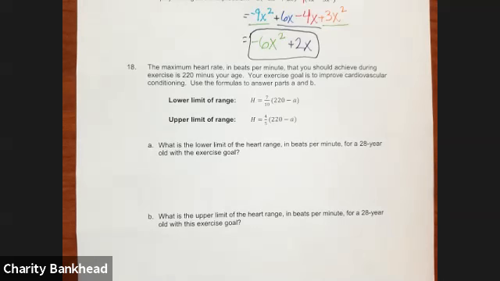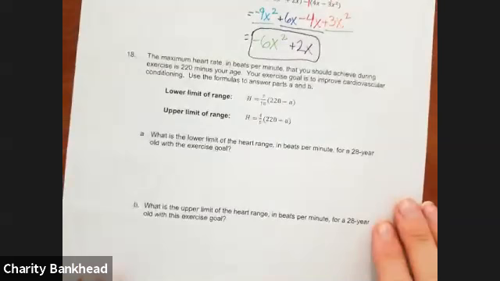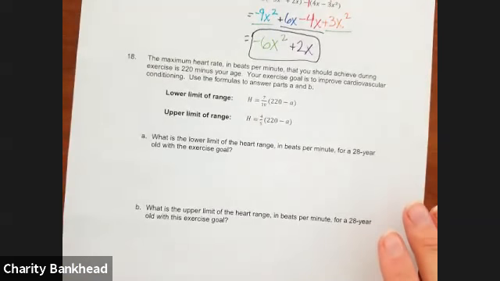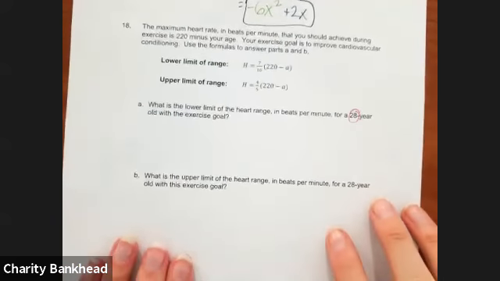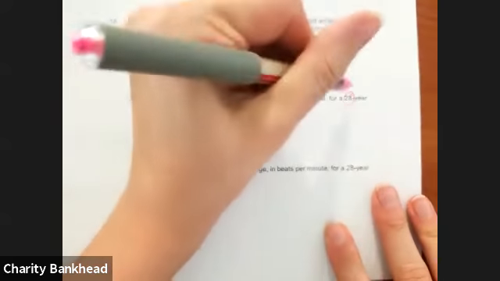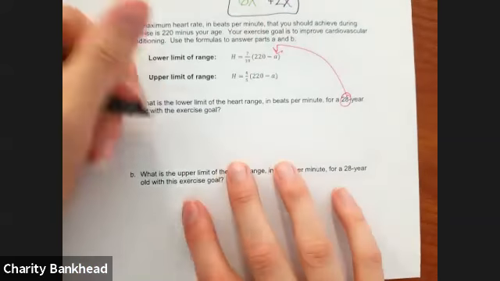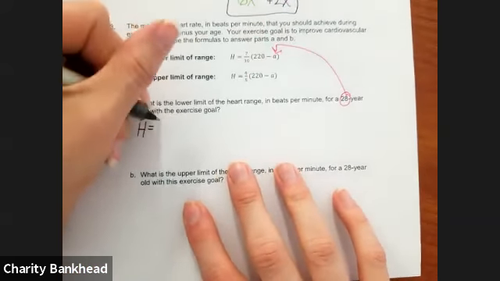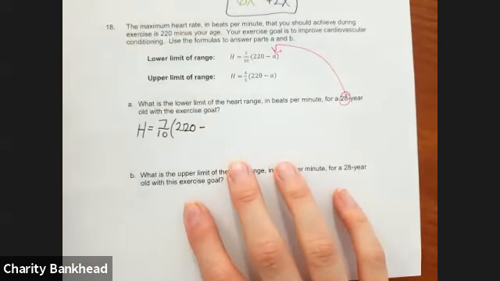So what is the lower limit of the heart rate in beats per minute for a 28-year-old with the exercise goal? Okay, so they want the lower limit, so we're going to use that formula, and we're going to plug in 28 for A. So that would be H equals 7/10 times 220 minus 28.